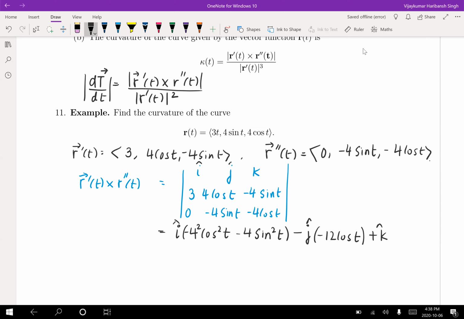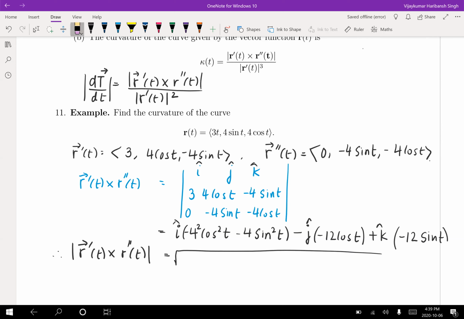And then the next one would be plus k, I should use cap k, so you ignore this one, so you get minus 12 sine t. So therefore, we get r prime t cross r double prime t, and the length of this is going to be, first of all, the first one can be simplified, right?